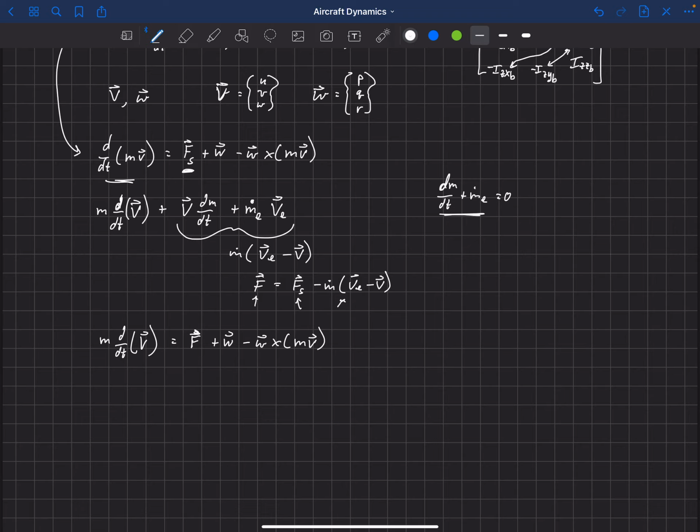Okay, and again that total force vector now includes thrust. So we just want to be careful not to double count thrust, or this mass that's entering or exiting the aircraft. But as long as it's all wrapped up inside of that capital F term here, our force vector, then we should be good.